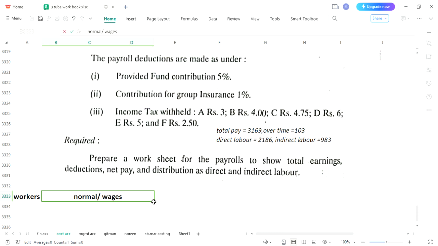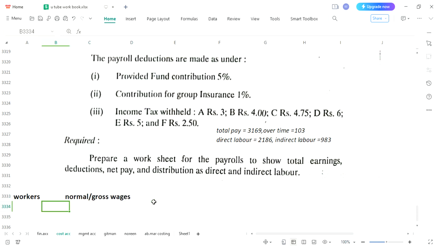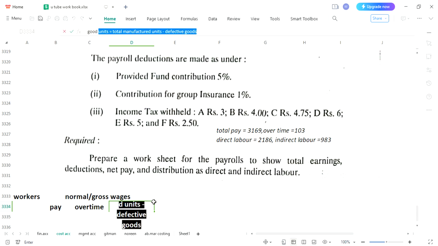So let's write down gross wages, where we will calculate their pay and then overtime. Total pay would be written over here.